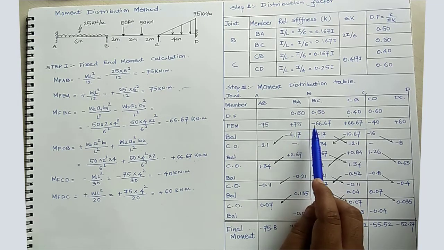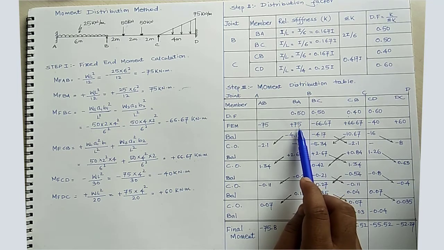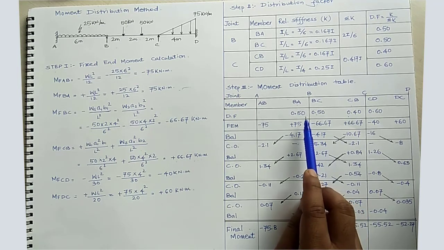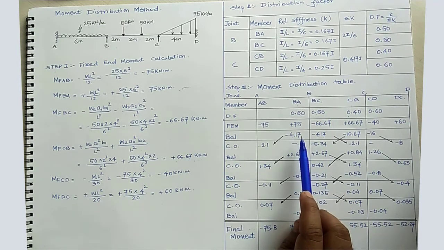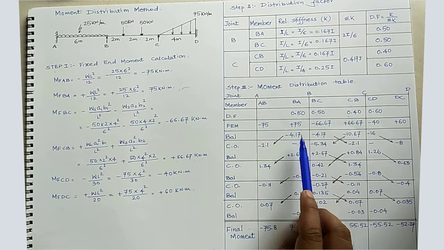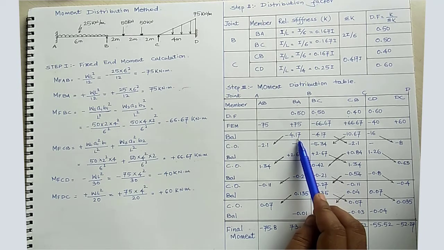Now we have to balance that moment by multiplying the distribution factor. So 75 minus 66.67 into 0.5, the value which we are getting is plus 4.17. So this is the unbalanced moment at member BA. So we have to counteract that plus 4.17 moment by writing it with the opposite sign, minus 4.17.